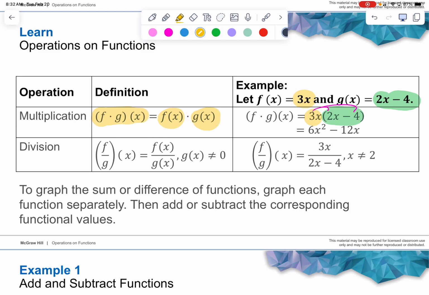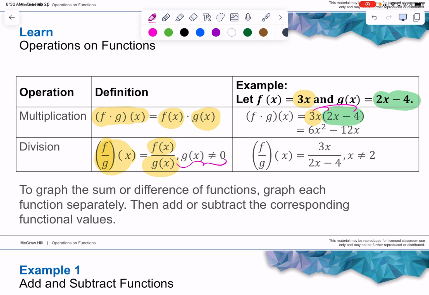We also have notation for f divided by g of x, which takes all of f of x and divides it by all of g of x, but we have to make a notation here that says g of x can't be equal to 0, okay? Any numbers that make that bottom function equal to 0 are not included in the domain of f divided by g of x.